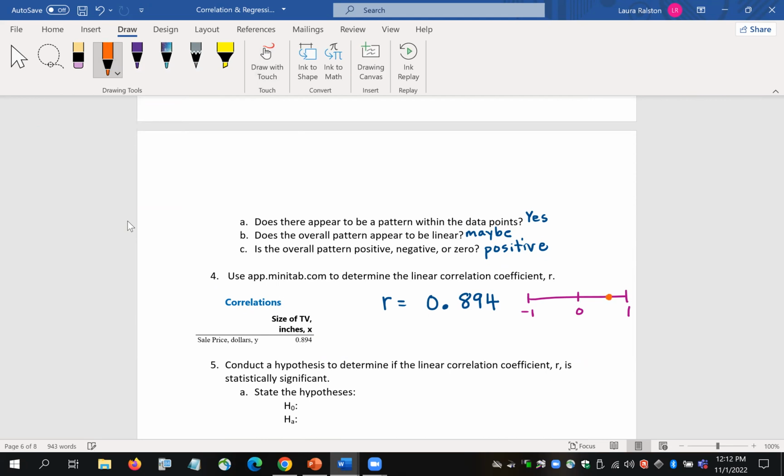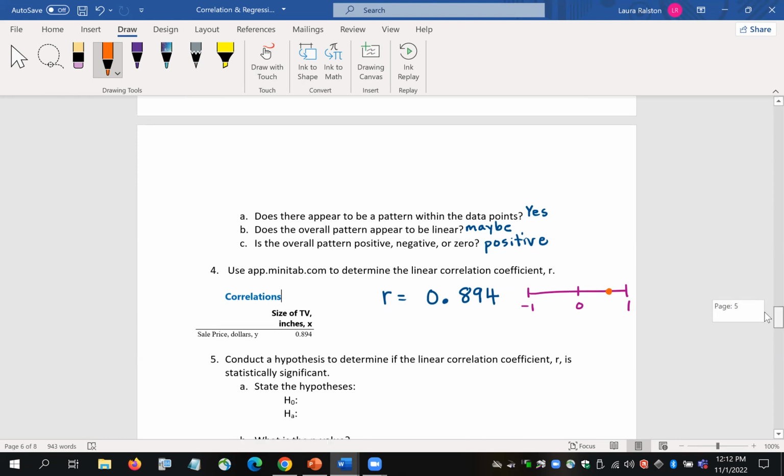So originally, Jeannie was thinking it was a weak linear relationship, but this value seems to indicate that it's more moderate to strong. But is it different enough from 0 or close enough to 1 to be statistically significant?